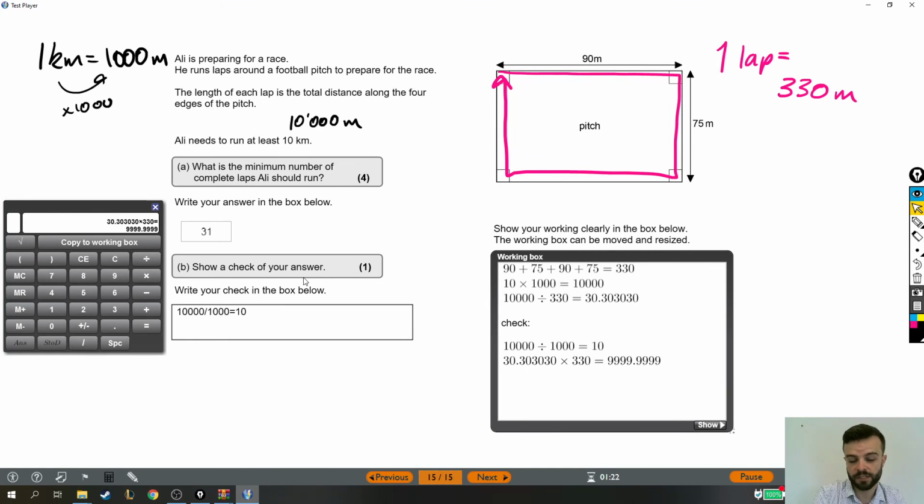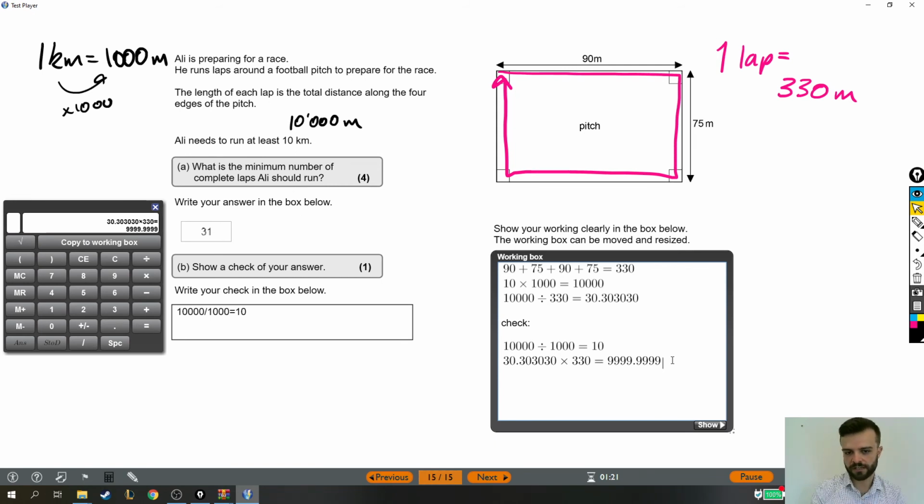But the only reason you don't get 10,000, you're so close to it there, is just because of rounding. So it would be fine to do a check that way and say, yes, your answer was right, because the only reason it's not exactly 10,000 is just because of rounding in the original answer. So anyway, to do a check of your work, it's a reverse calculation you want to do.